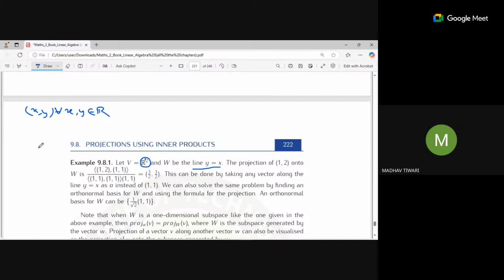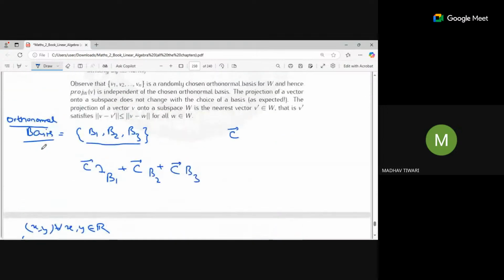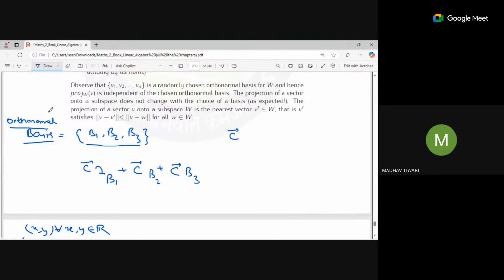Here y is equal to x is already given, so all vectors in this form will be inside this subspace. You can clearly find a basis for this: (1, 1). You can also use an orthogonal basis here. Instead of orthonormal, you can also use orthogonal; it will also work.